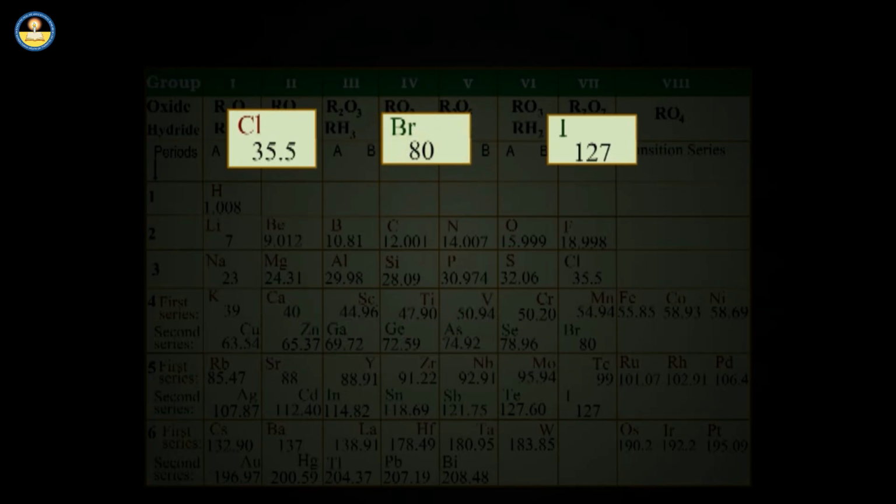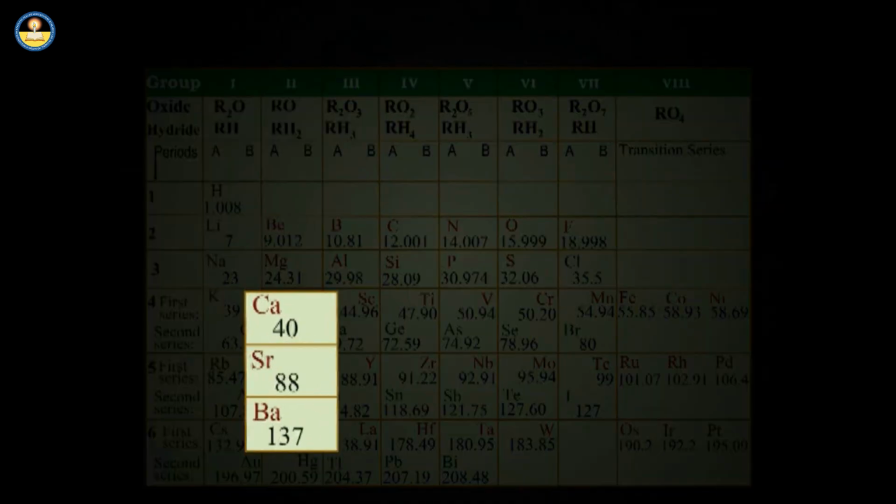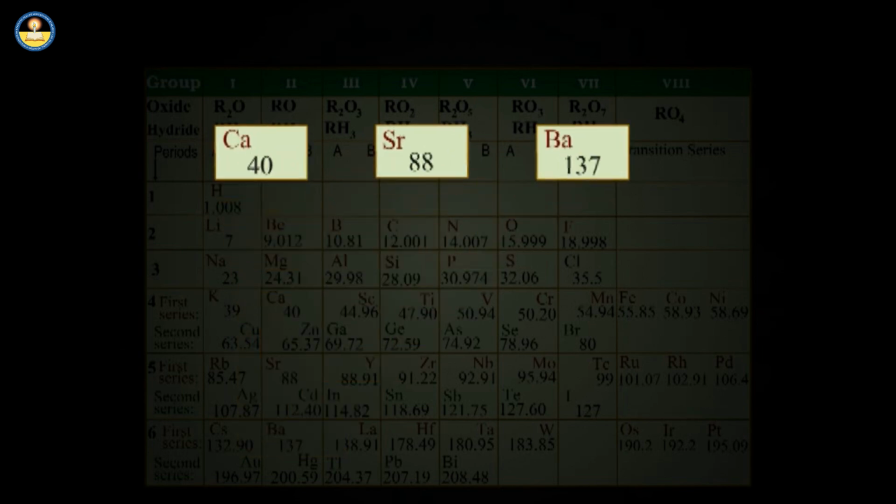Similarly, observations can be made about other triads such as calcium, strontium, barium. This triad belongs to the alkaline earth metals. If these elements are arranged in order of increasing atomic masses, calcium, that is Ca, comes first, followed by strontium, denoted by Sr, and barium, that is Ba. Strontium, as the middle element, should have an atomic mass which is the average of the atomic masses of calcium and barium.